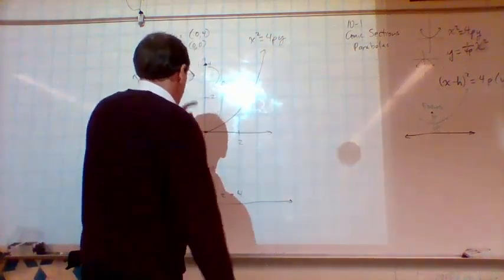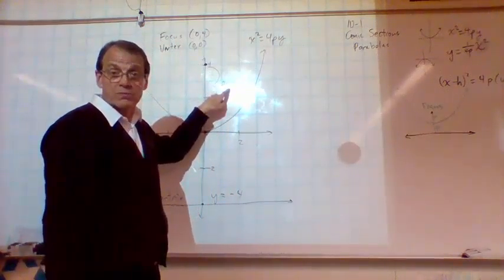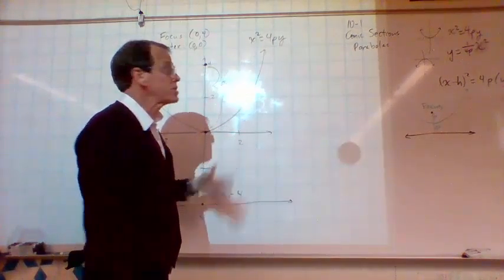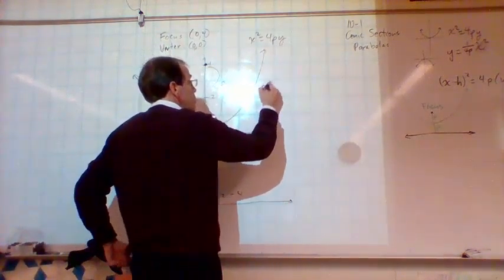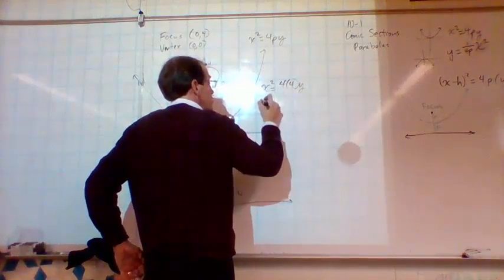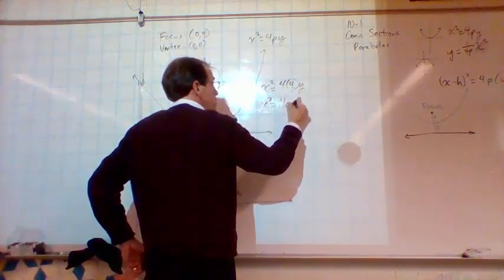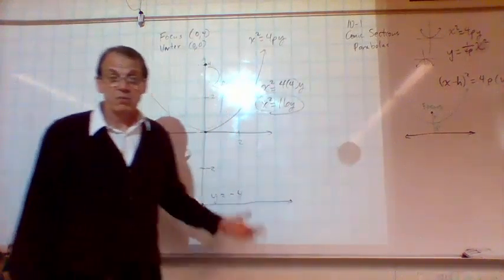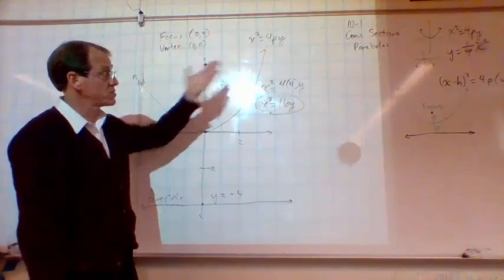Now I just told you that p is 4. So I can plug p into there, and I'll have this equation. Specifically, it's x squared equals 4 times 4y. So x squared is equal to 16y. That's the equation of this parabola. It's really simple because it opens upward, which is the first equation.